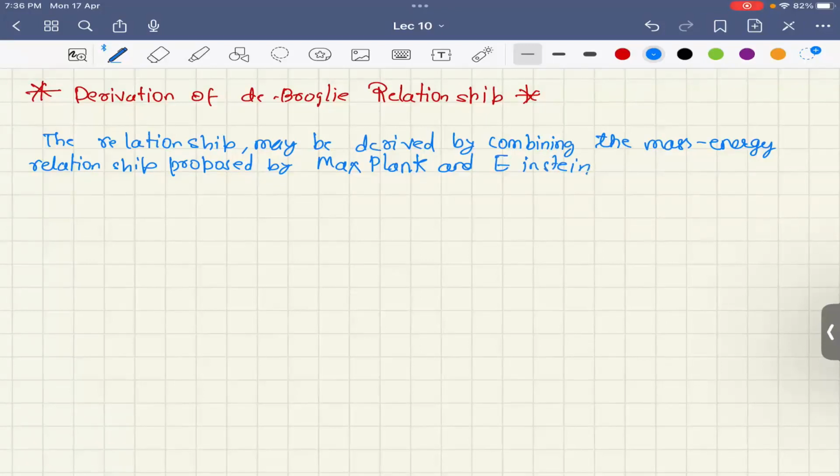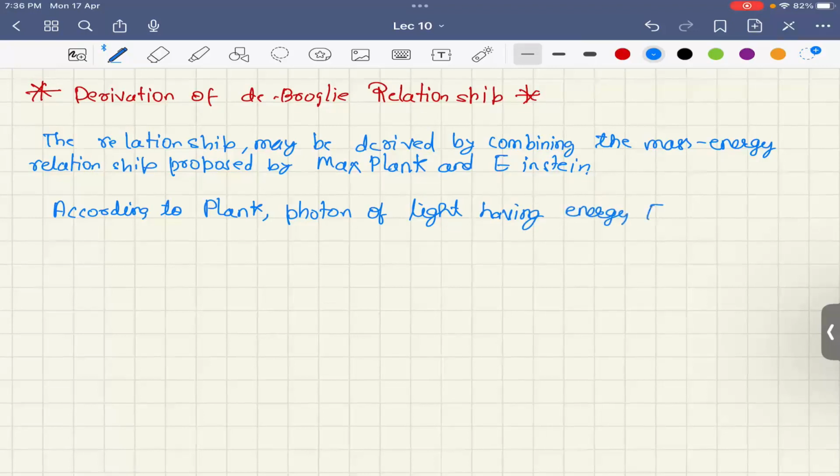So according to Planck, a photon of light having energy E is associated with a wave of frequency nu, right?